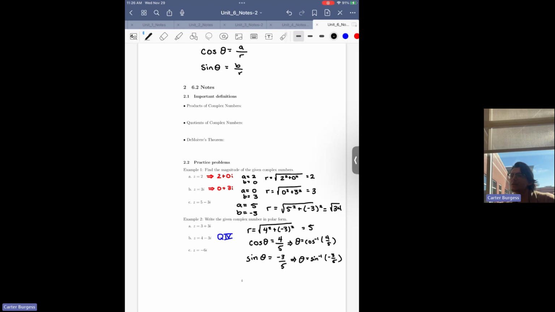Which of these two statements is the theta that we're looking for? The cosine inverse? Why? But why do we want the x value instead of the y value?